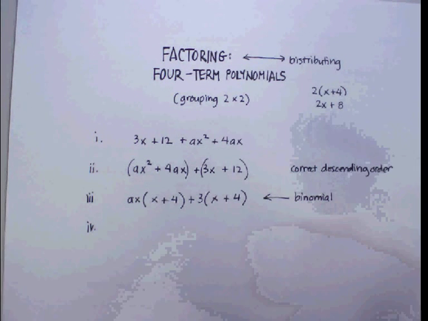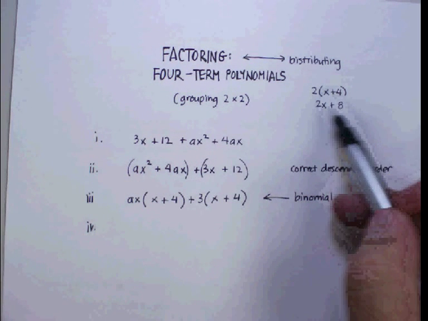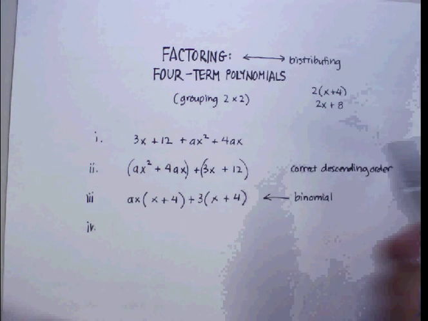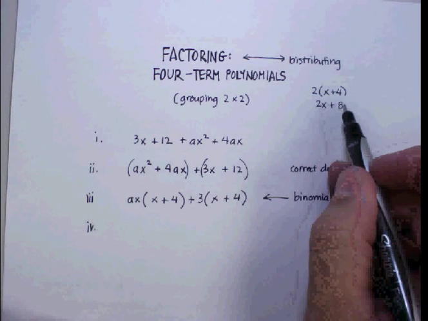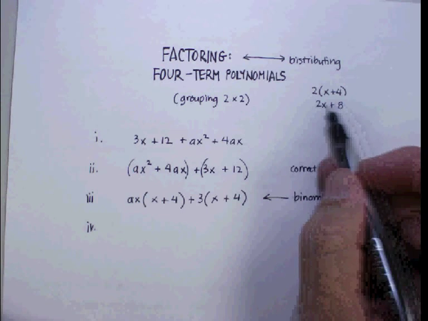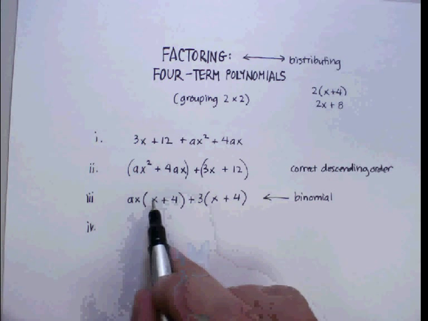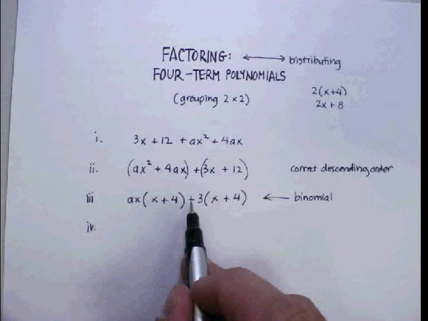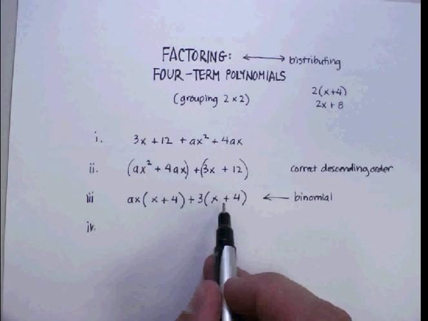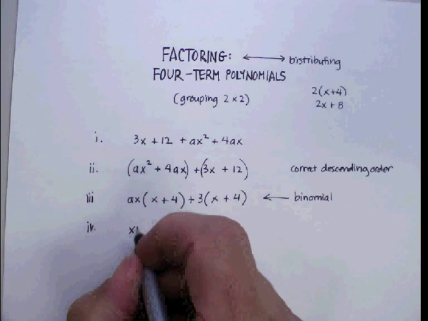Now, if I have a binomial, how do you factor a binomial? Well, you ask what's common to both sides of the addition in this case, right? So what's common on both sides of that addition? You can see it's the x plus 4, isn't it? So let's pull that out.